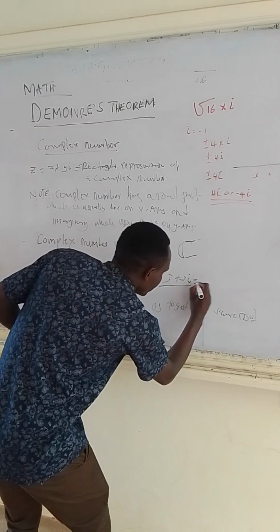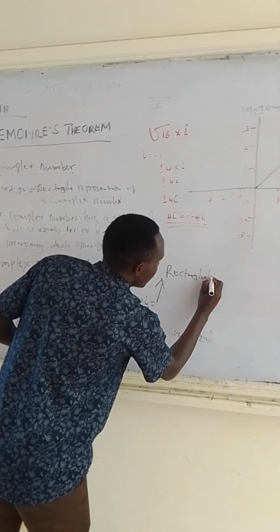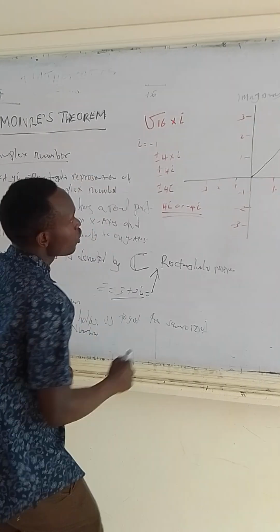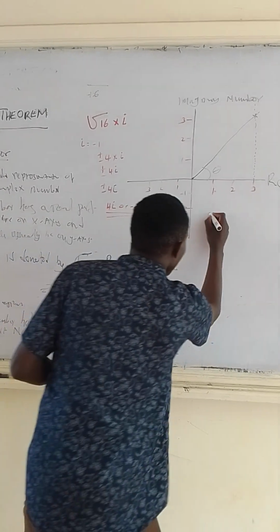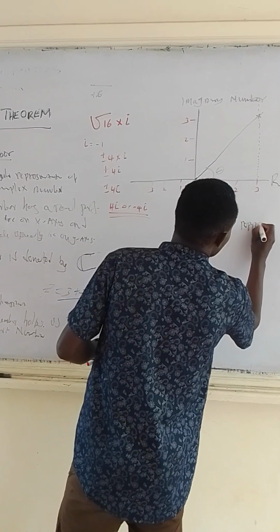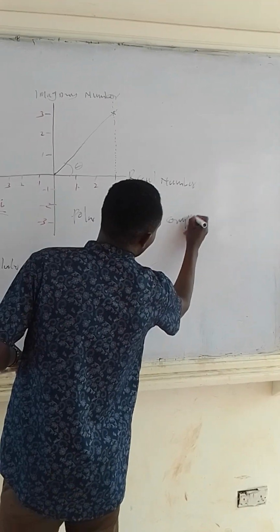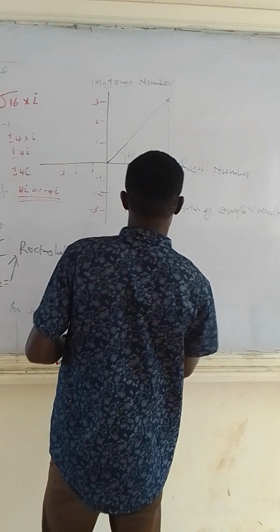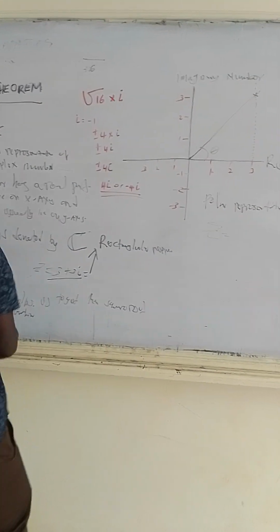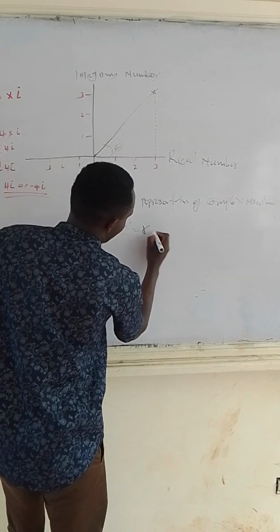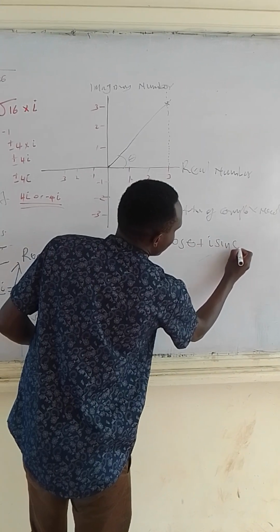This one is the rectangular representation. We have an angle here, theta, and the polar representation of a complex number is z equal to r times cos theta plus i sin theta.